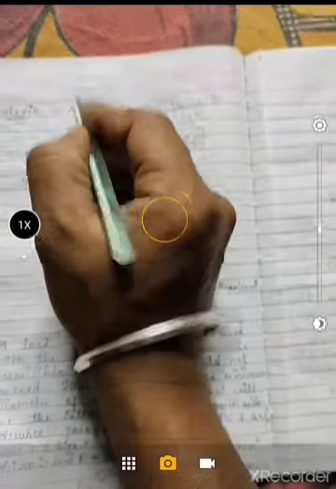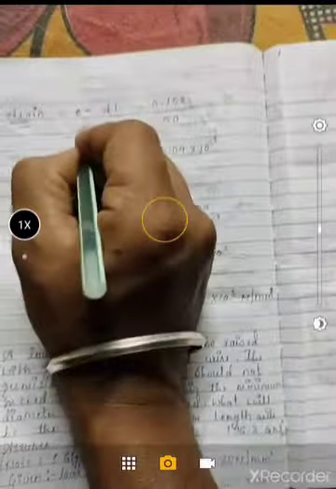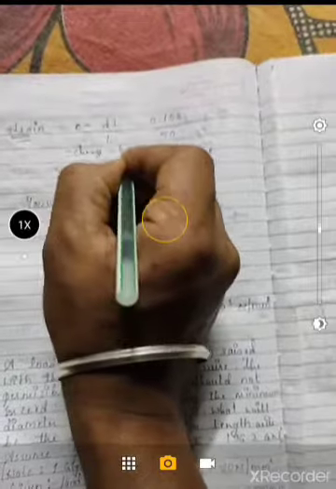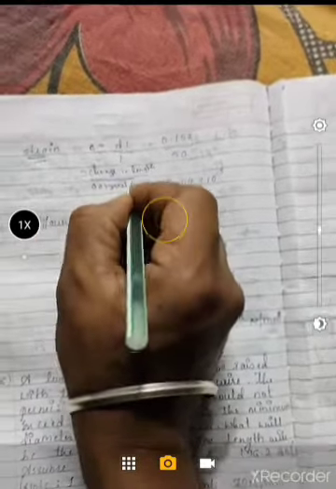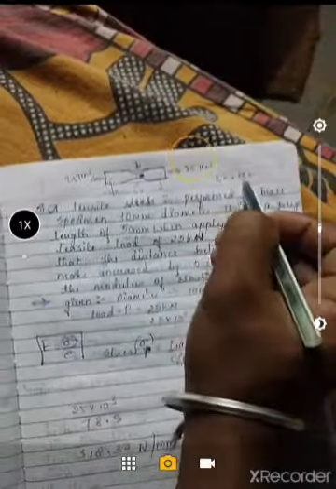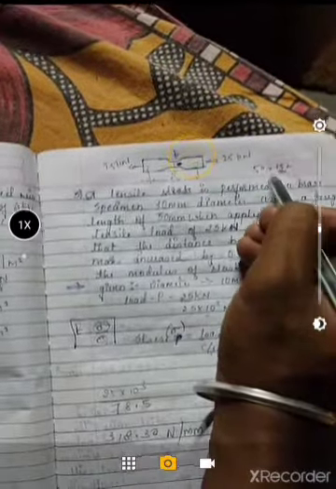What is the strain? Strain is equal to e. e is the notation of the strain. What is the strain? Change in length upon original length. Change in length is how much? 0.152. When you are applying the load, there is an increase; before it was 50 mm, so it is increased to 50.152.